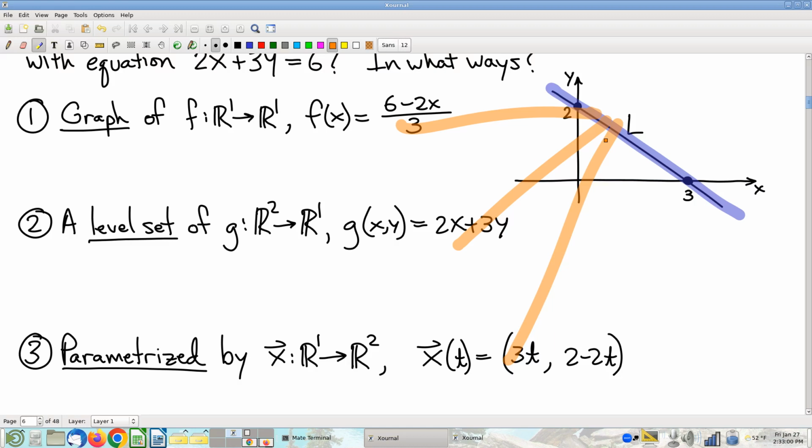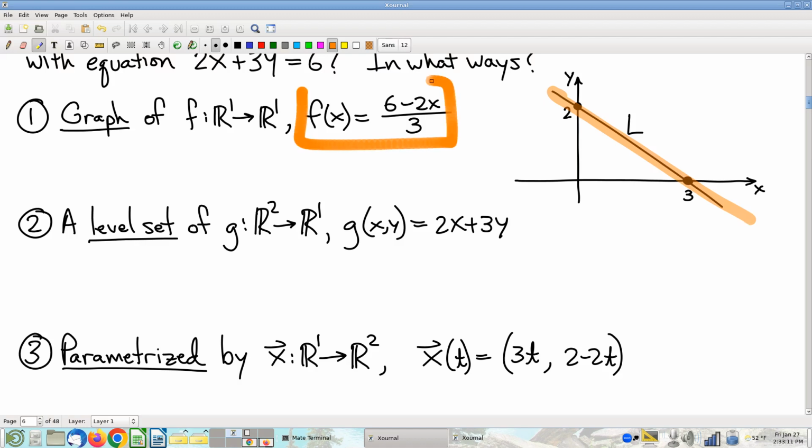So, for example, here's an old fact that we know from Calc 1, right? And that is the slope of the curve is the derivative of the function. And easily confirmed in this case, you can take the derivative of this function, you get negative 2/3. You can look at this picture and see the slope is negative 2/3, exactly as predicted, right?